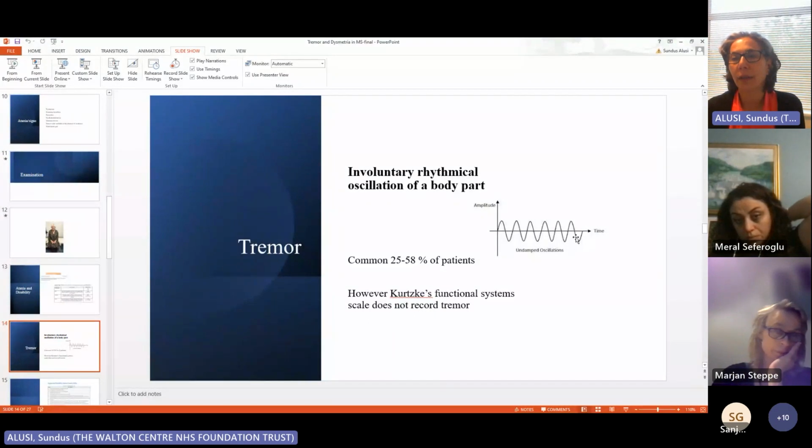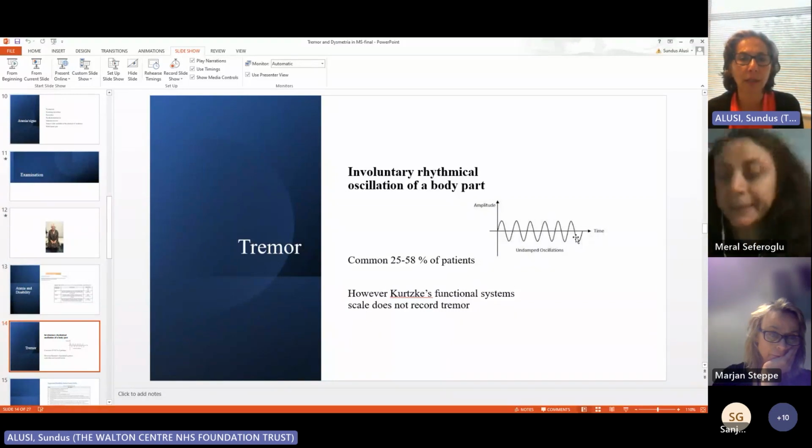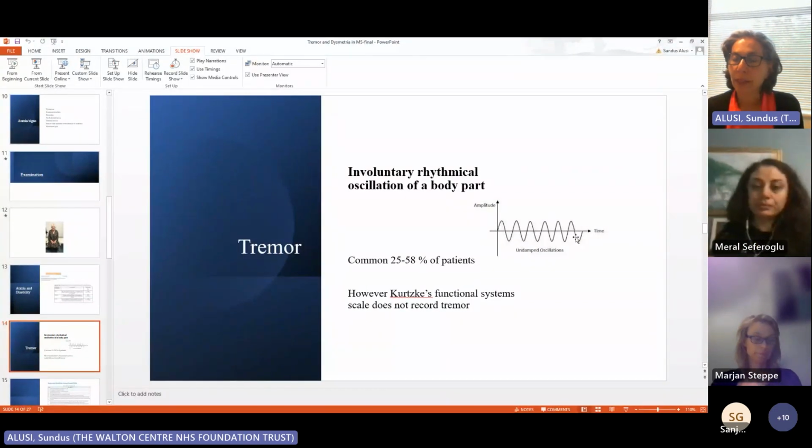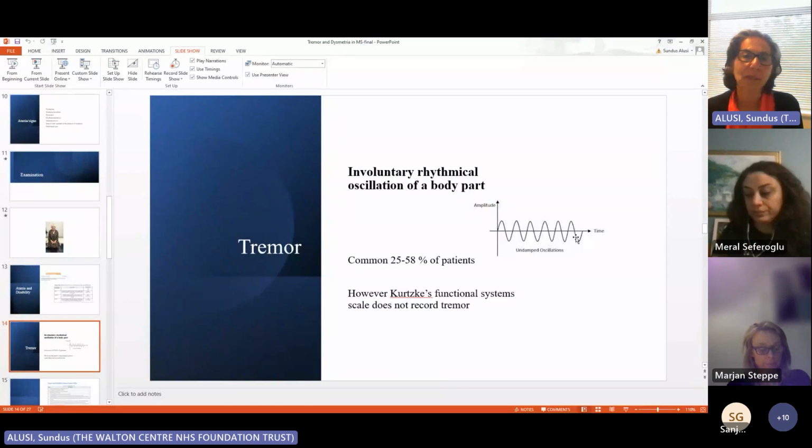So please remember that tremor is important to recognize because its treatment is completely different from the other movement disorders. The drugs that work for tremor don't work on the other movement disorders. In multiple sclerosis, tremor is a particularly common condition. The prevalence of tremor in MS is anywhere between 25 and 58 percent, depending on which study you read.